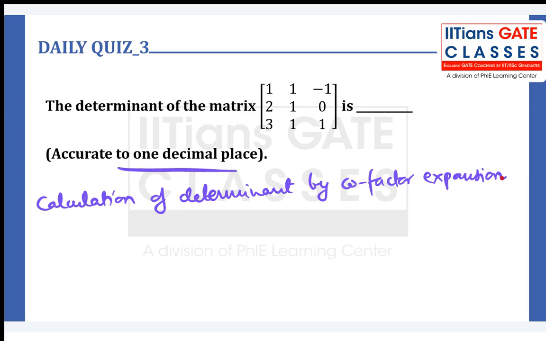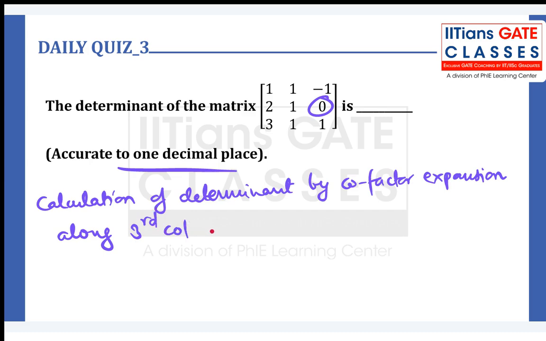But sometimes it helps to do the cofactor expansion along any row or any column where maximum zeros are there. So that trick you can use here. So there is one 0 here. So I'll do the expansion along the third column so that life will be easy.